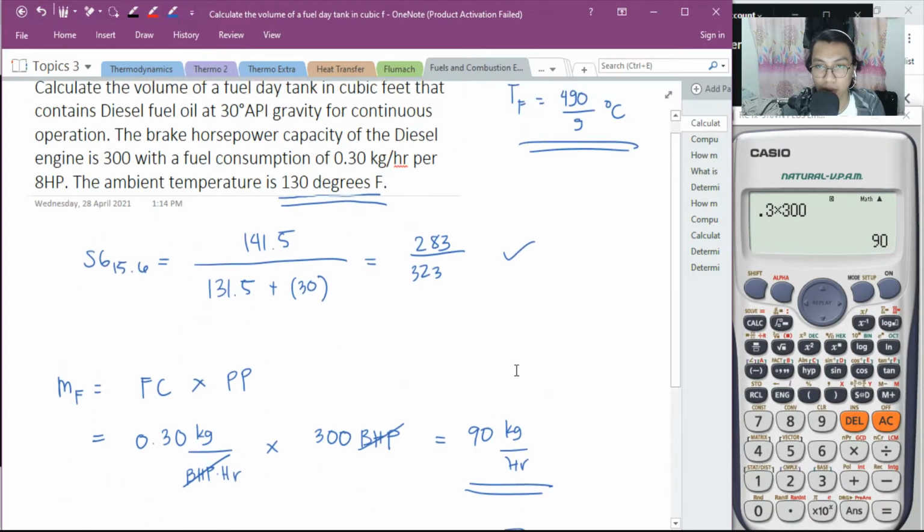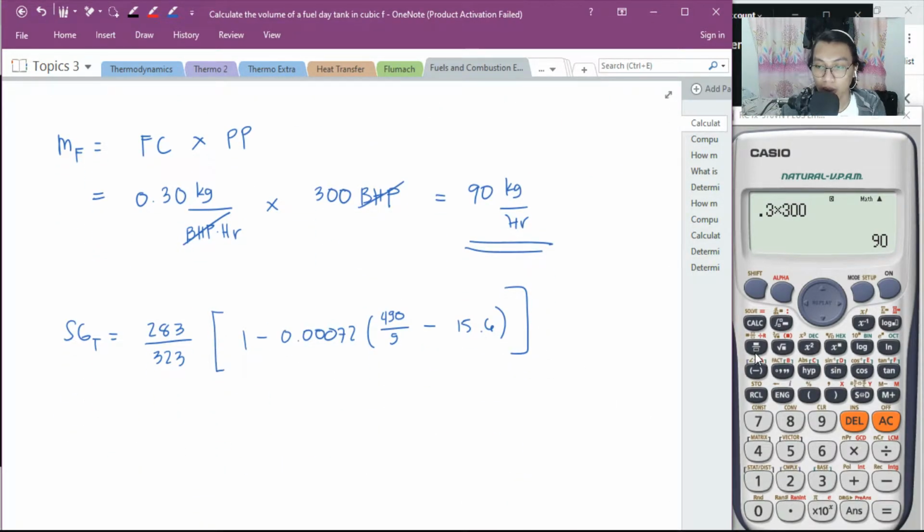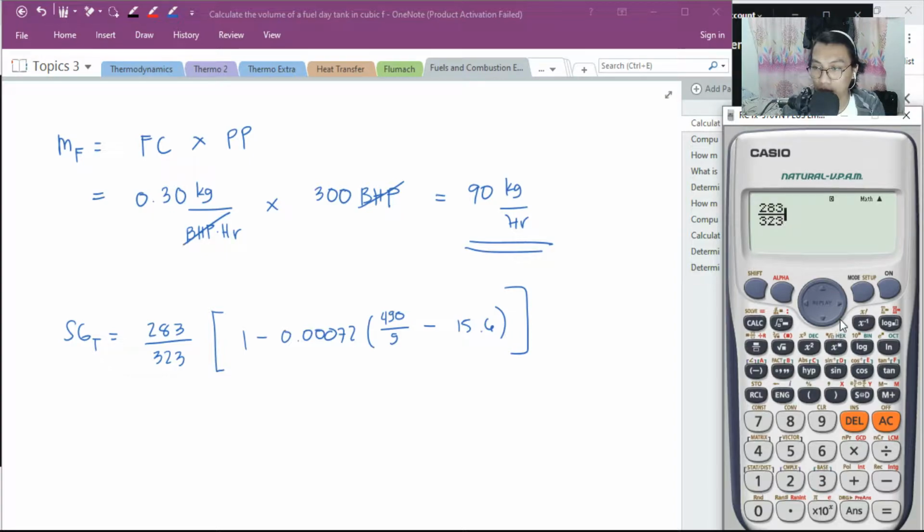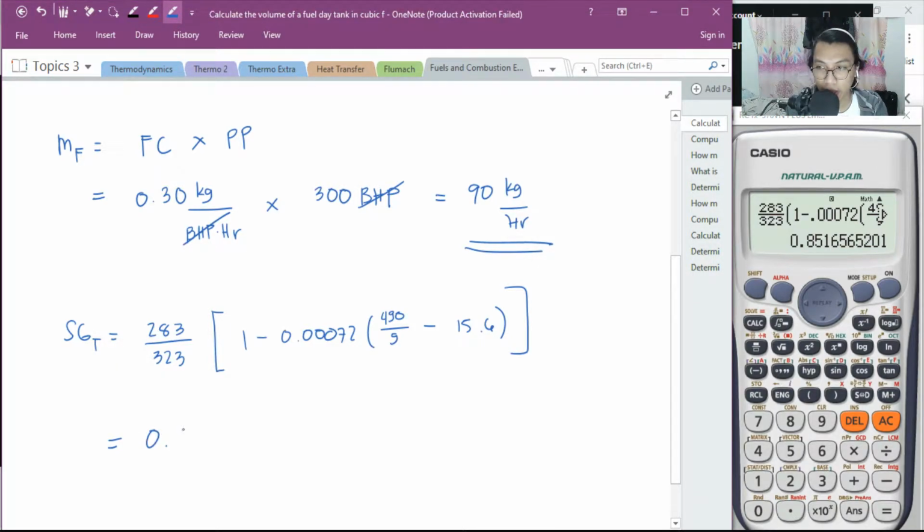Makuha natin yung value. Check mo dun, no? Tama naman. Okay? 283 divided by 323 multiplied to 1 minus 12372 times 490 divided by 9 minus 15.6. Yun. So, the answer is 0.8517. Pwede na to. Okay? Oh, yan na yung SG mo at that temperature.